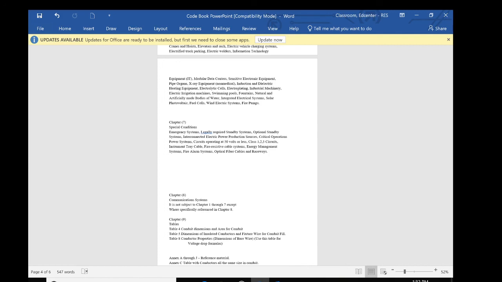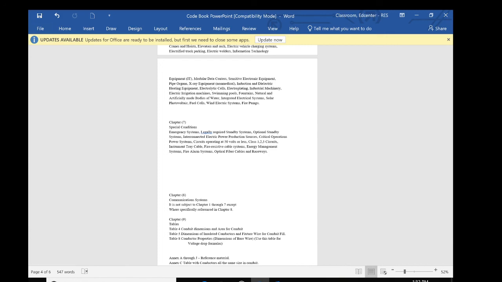Power system circuits operating 50 volts or less. We're not doing a lot of that, but those are becoming more and more popular. Lights are getting more and more efficient, and they have lights that operate at less than that, they have for years, but now they just work better. Different class circuits, fire alarm systems. Some of us may be doing that, but not a whole lot of us.